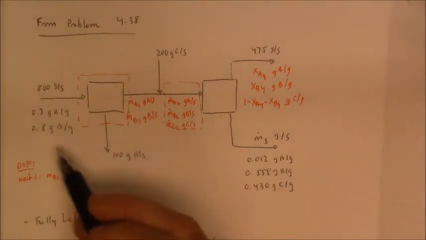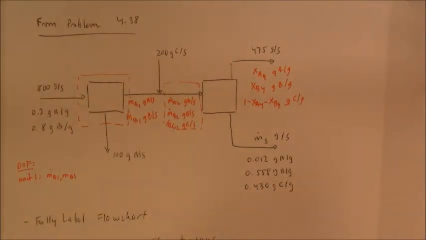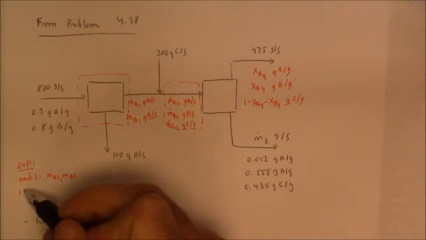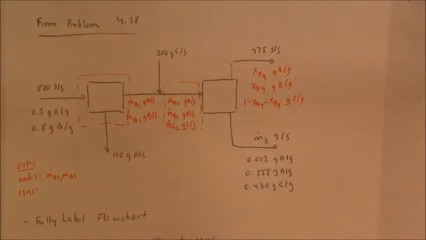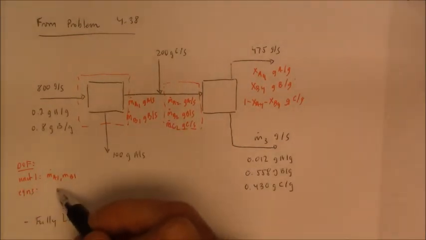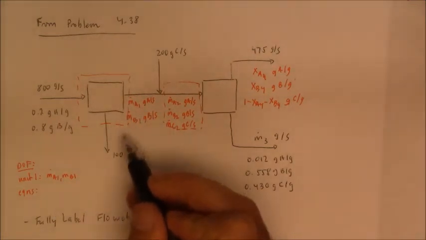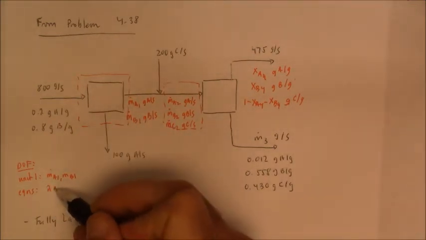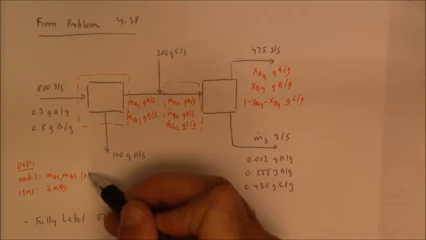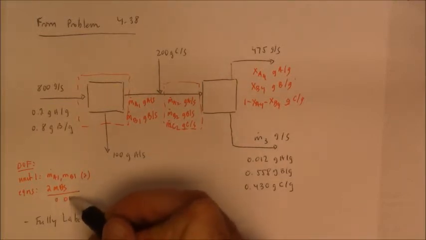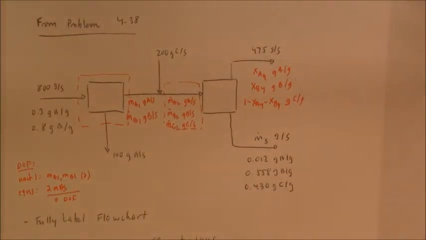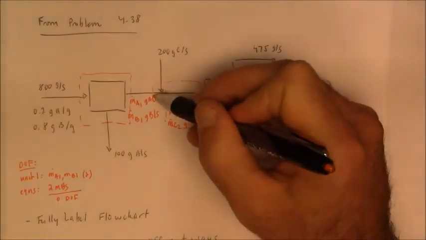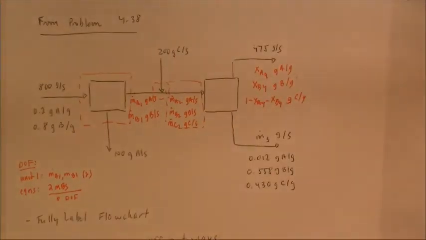Okay, now the number of species that we can write, because we have two species, we can write two balances, so we have two material balances. So two unknowns, two balances, that gives us 0 degrees of freedom over this unit. Next, let's look at this mixing point.